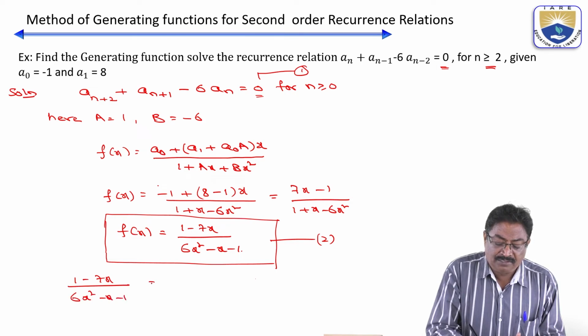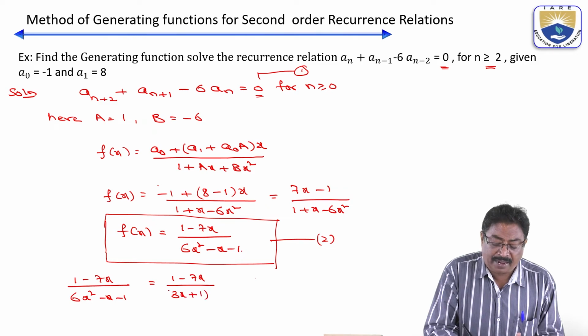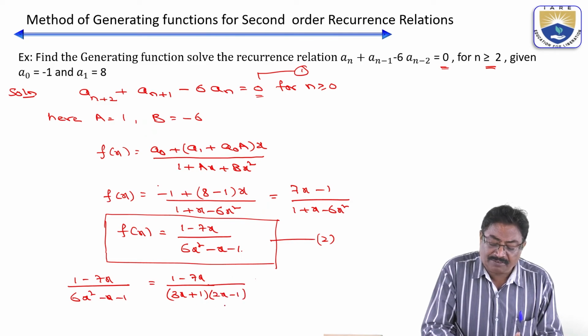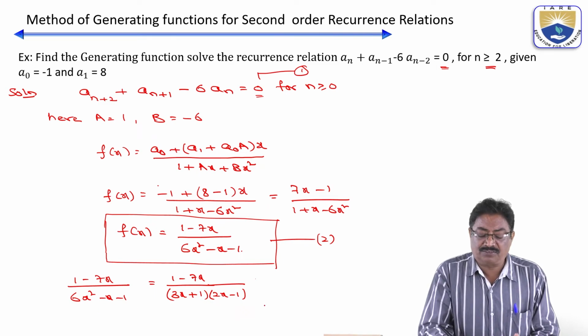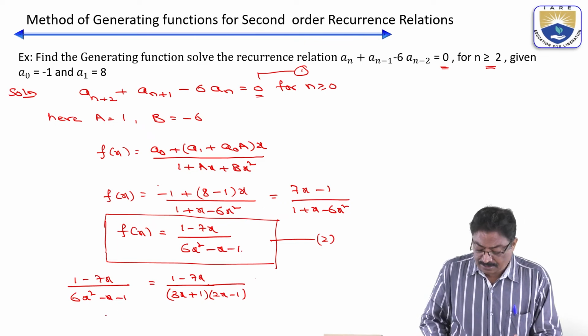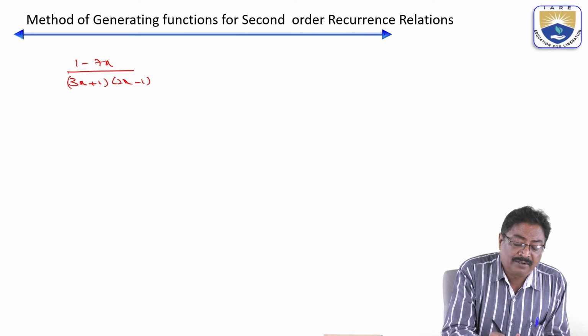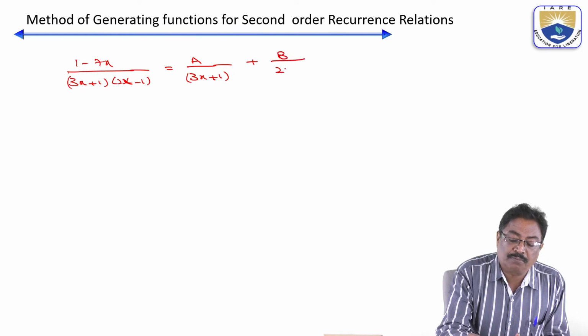The denominator factors as (3x plus 1)(2x minus 1): minus 3x plus 2x is minus x. So by using partial fractions, (1 minus 7x) by (3x plus 1)(2x minus 1) equals a by (3x plus 1) plus b by (2x minus 1).